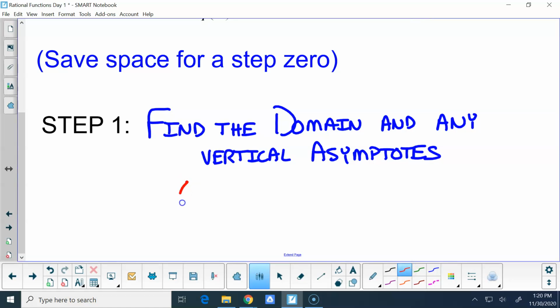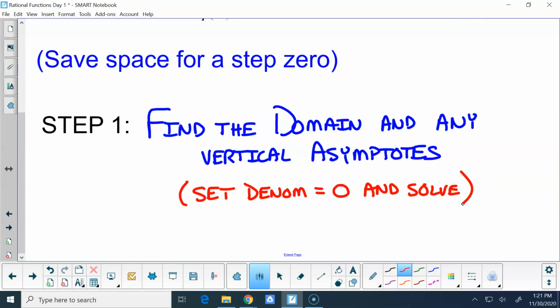We set the denominator equal to 0 and solve. So that's step 1. We find any and all vertical asymptotes by finding the domain of our function.